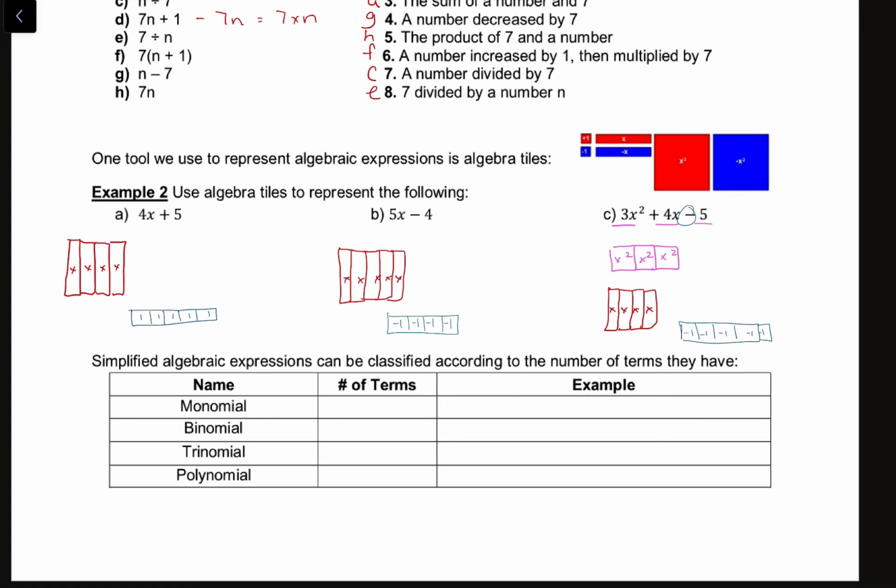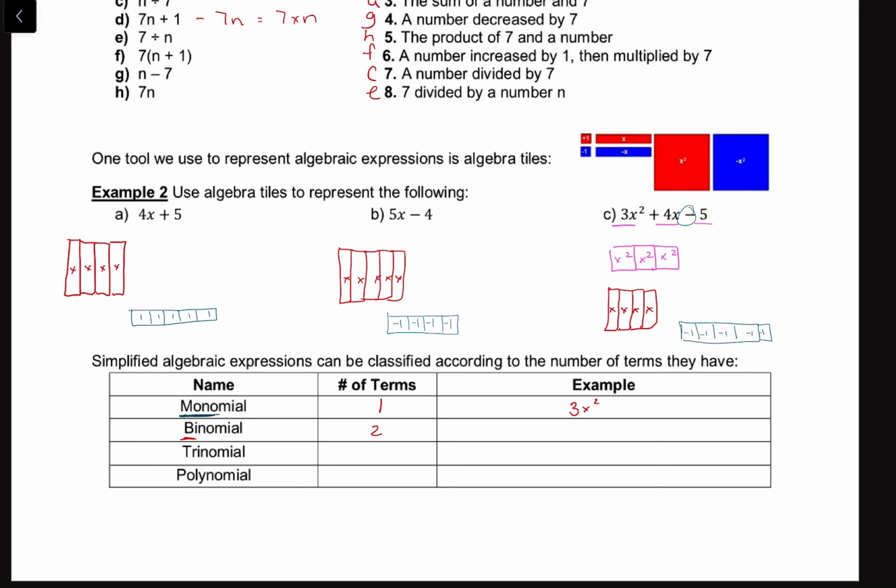So when we're looking at these expressions, always make sure that you're classifying them according to the number of terms that they have. So if we have a monomial, mono means 1. For example, we have 3x to the power of 2. So there's only one value.